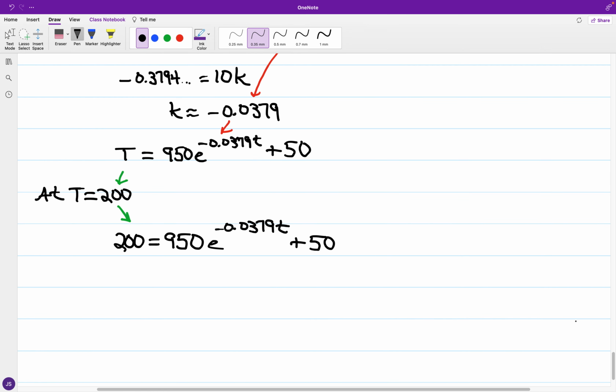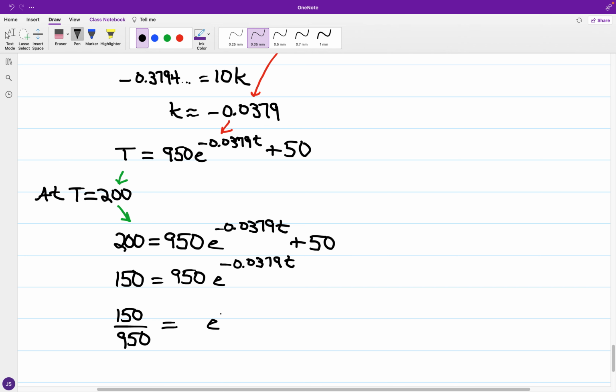Taking 50 away from both sides, we have 150 equal to 950 times e to the negative, once again, 0.0379t, and dividing by 950 on both sides of the equation.